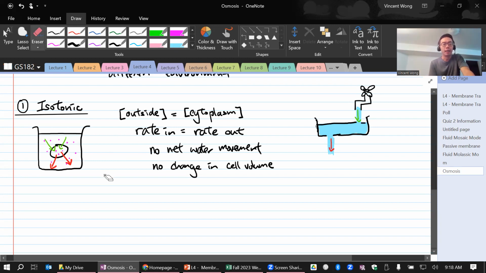Very good. So is the cell happy or not happy? Well, if it's an animal cell, happy. We love it. This is the best environment that an animal cell can ask for. If this is a plant cell, they're okay.